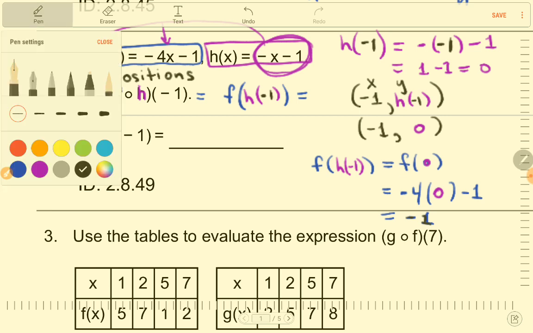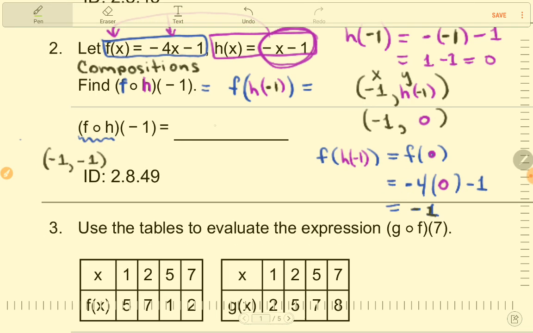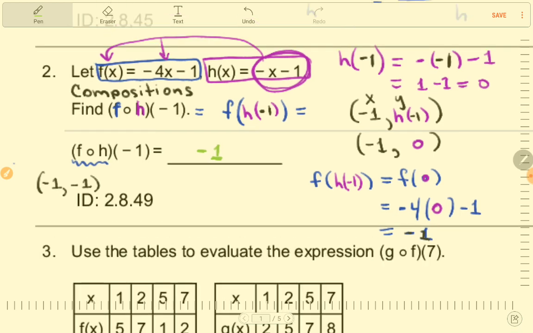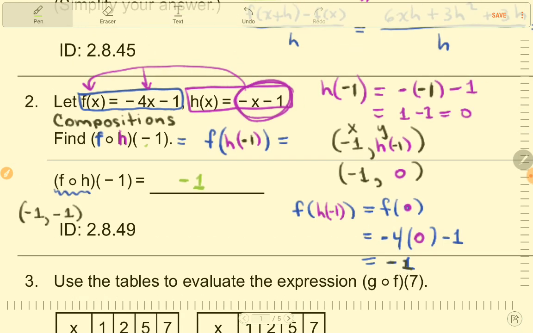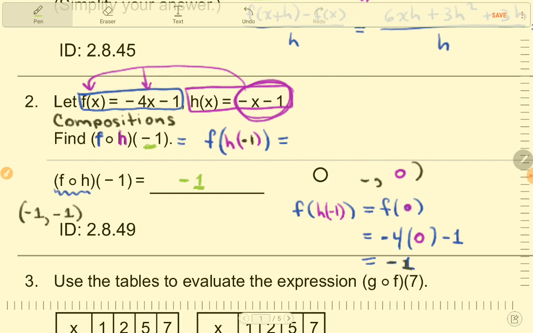So that is my final answer. Okay, so that is one way to answer this question, and I can do it that way because I have an input value of -1. But we also need to know how to algebraically find the composed function and be able to use it for any values of x. So now I'm going to start over and show you that solution.